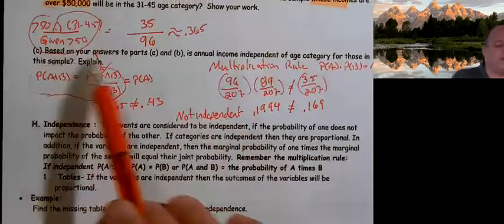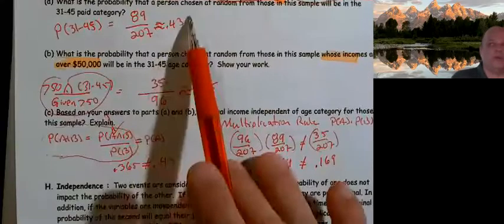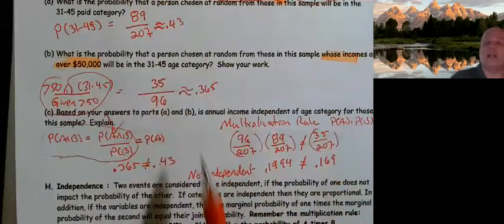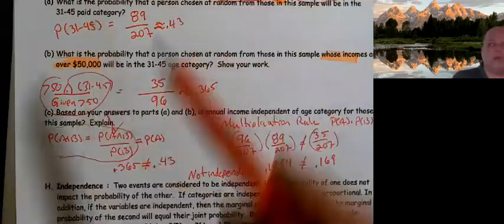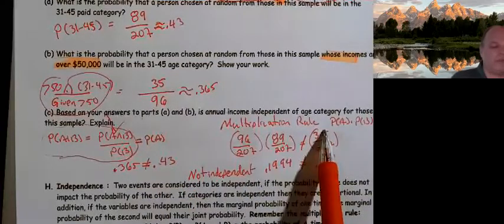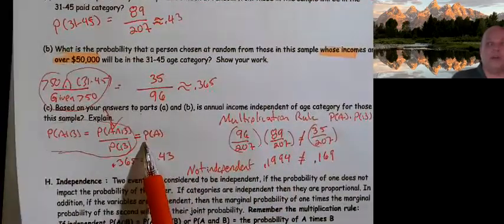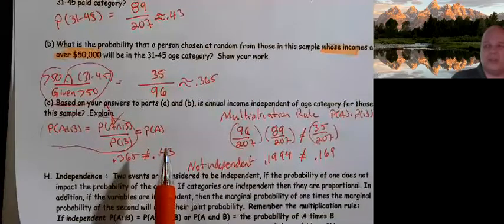They said, based on your answers in part A. In other words, using what you've previously done, let us know if they're independent. And because they wanted you to refer back to what you previously done, if you had used this, you got partial. If you'd done it this way, which was based on your previous work, you could receive full credit. Does that distinction make sense?